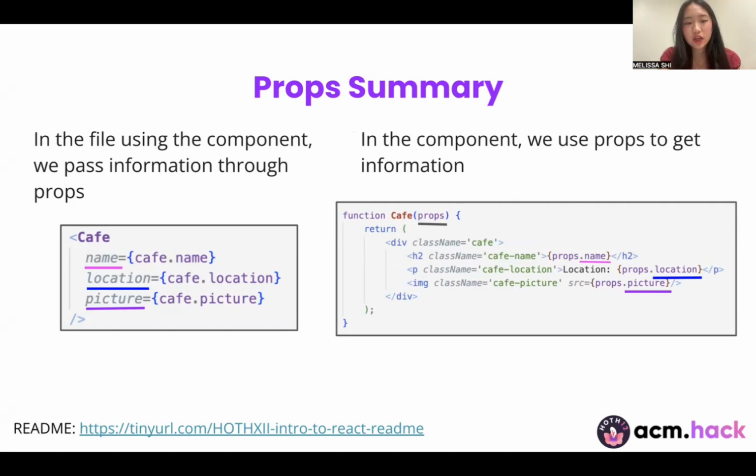The pink underline on the left corresponds to the pink underline on the right, and the blue underline on the left corresponds to the blue underline on the right, and then the same for the purple. And at the top of the function, we will pass in props, which is much like a parameter.